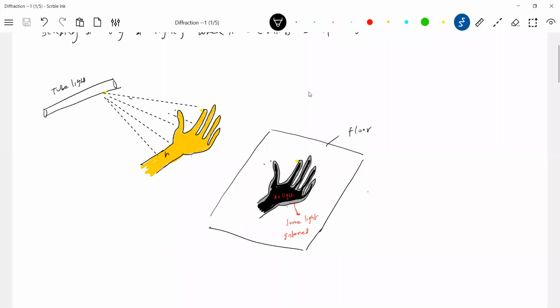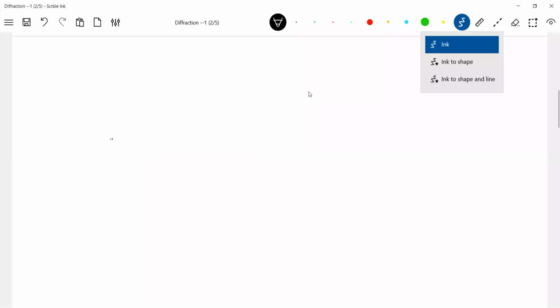This is a hand, your hand. This is a source of light. Let me give a few more examples. I'll take a sharp object, some wooden block. It is a purely wooden block.